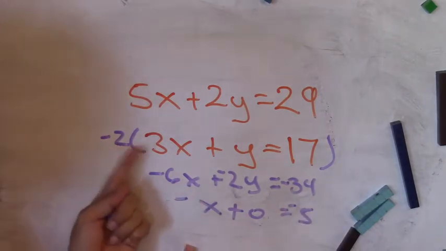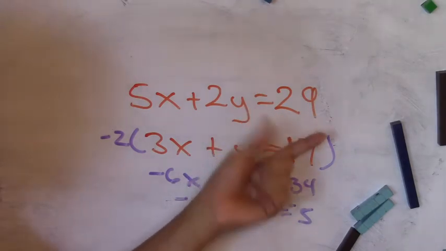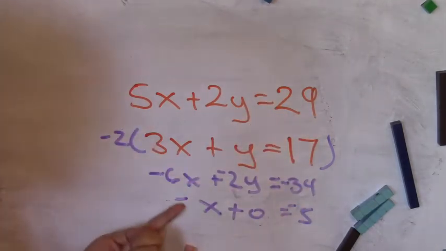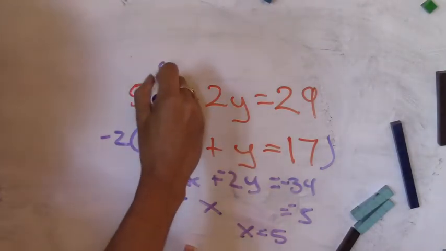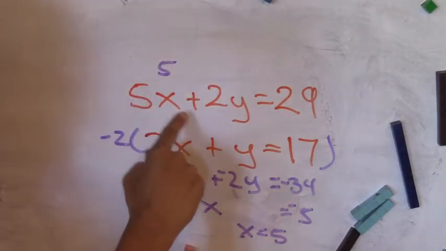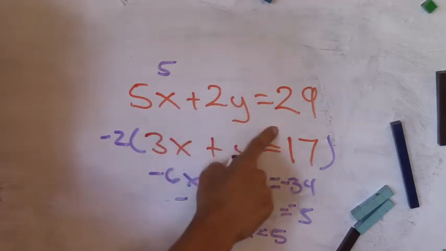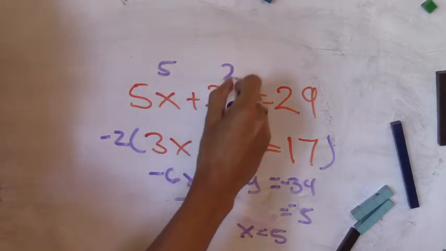Because -2, -2, -2, there you go. And then when I add these two, I get -5, and when I add these two, I get -x, and -x is going to be the same thing as -5, which means that x is the same thing as 5. Now, once I know that x is 5, 5 times 5 is 25, and I know that 25 plus 2y equals 29, y has to be 2.